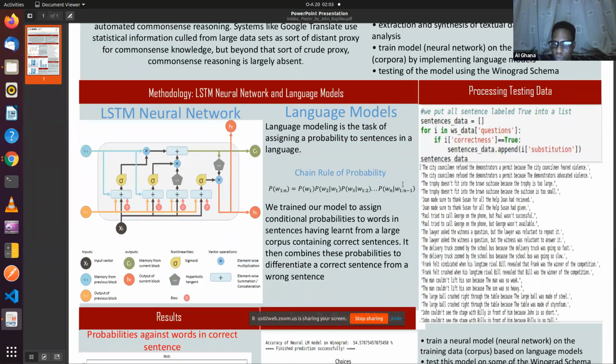We'll be putting a link, for those of you who are not familiar with the Winograd schema challenge, to read about it.